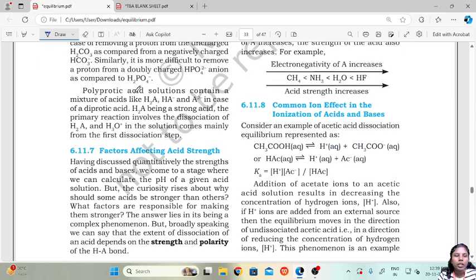So polyprotic acid solutions contain a mixture of species like H2A, HA minus and A2 minus in case of a diprotic acid. H2A being a strong acid, the primary reaction involves the dissociation of H2A and H3O plus in the solution, which comes mainly from the first dissociation step.